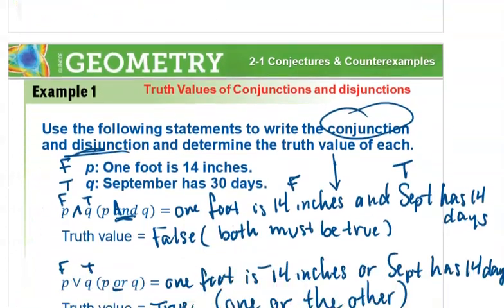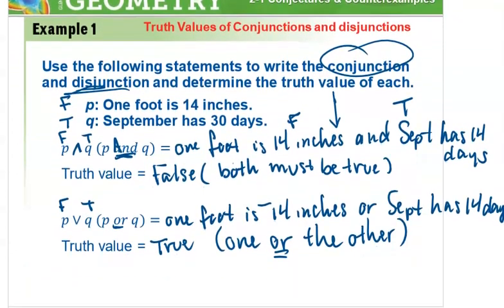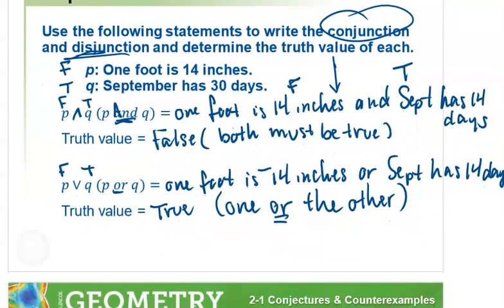So we're testing whether the conjunction statement or the disjunction statement is true. So is it true that 1 foot is 14 inches and September has 14 days? Well, no, it's not, because 1 foot is not 14 inches. But if I say either 1 foot is 14 inches or September has 14 days, you got something to say with that? Yeah, September has 14 days, so that's true.